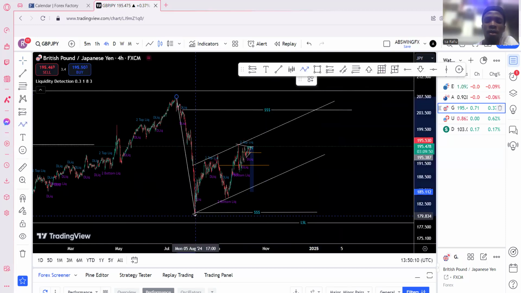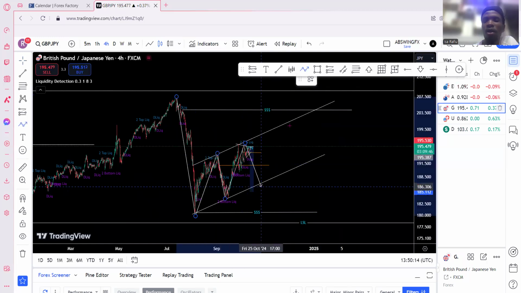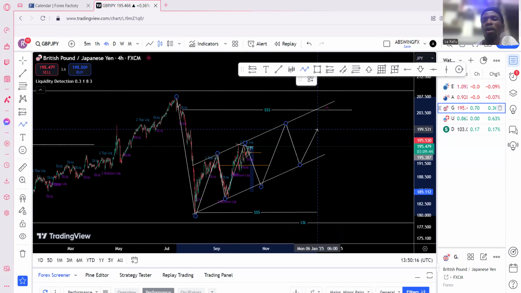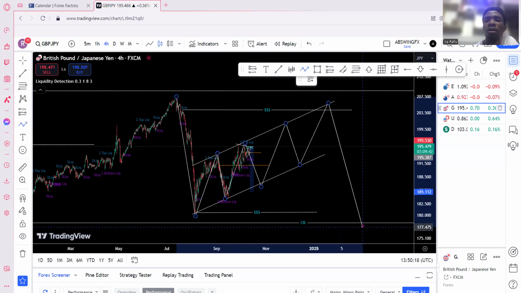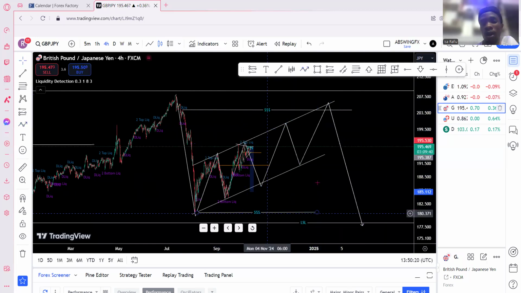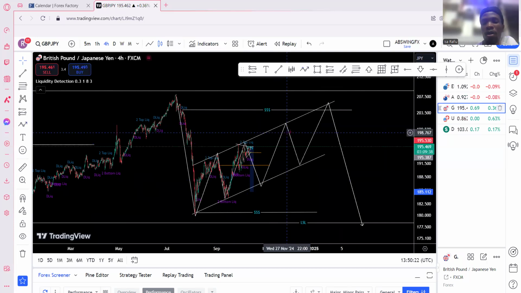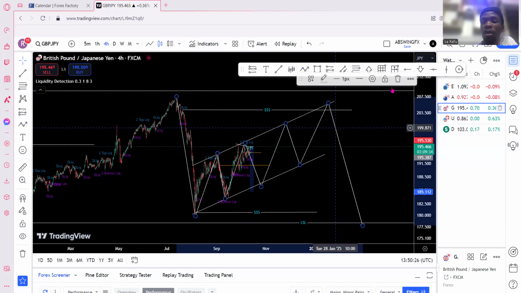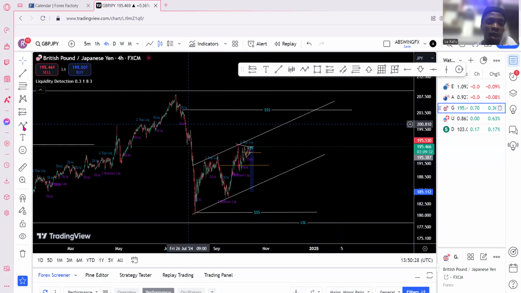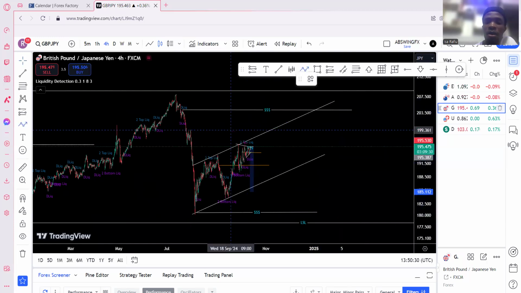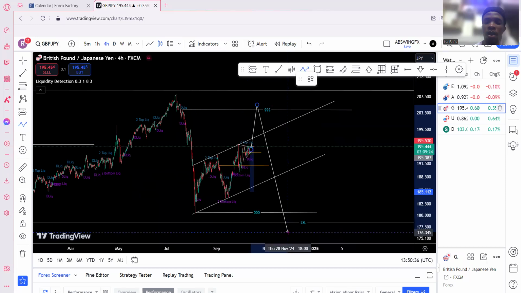From here, 1, 2, 1, come down here, give me a channel move. That's very nice. But sometimes the market doesn't have that patience, because you might have aggressive moves from a peak right away.